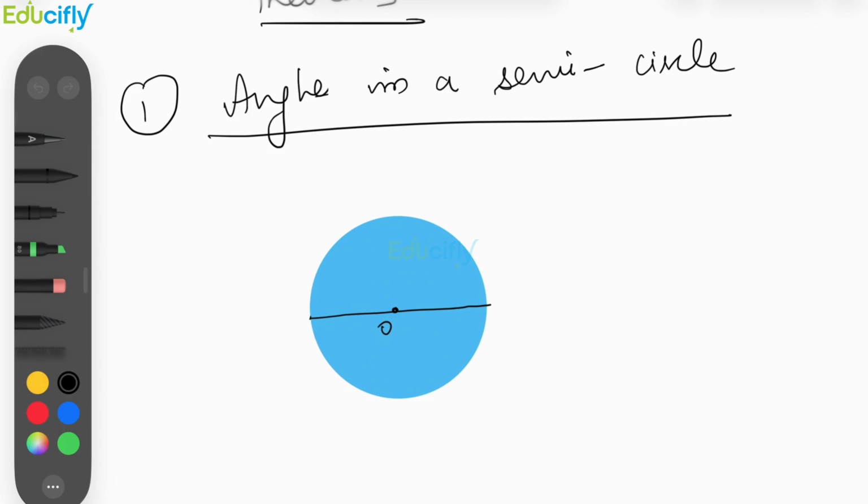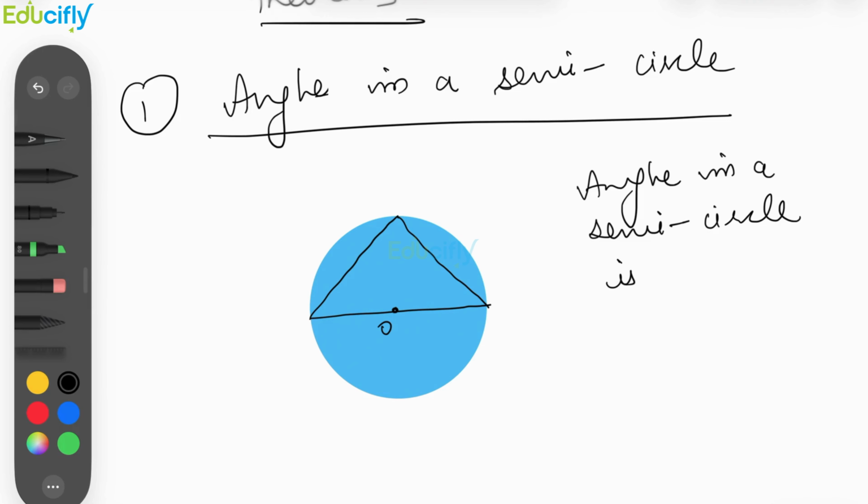The angle in a semicircle is a right angle.